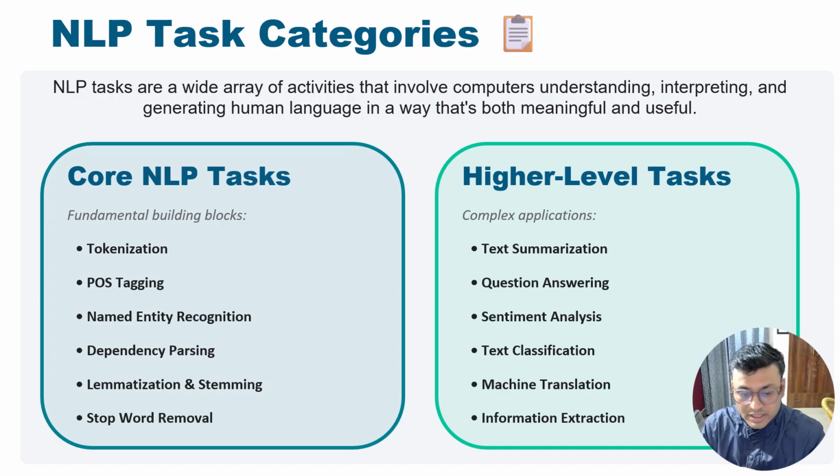If you see on the left-hand side, part of speech, what we call POS tagging, named entity recognition, in short form NER. The next is dependency parsing, and lemmatization and stemming, or you can say text classification, sentiment analysis, and machine translation, and then stop word removal.